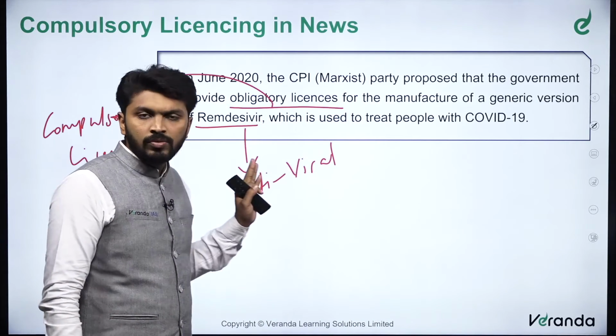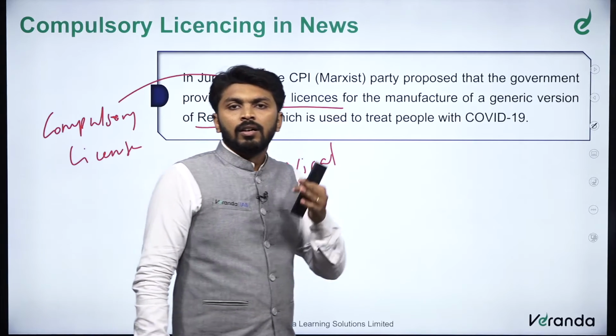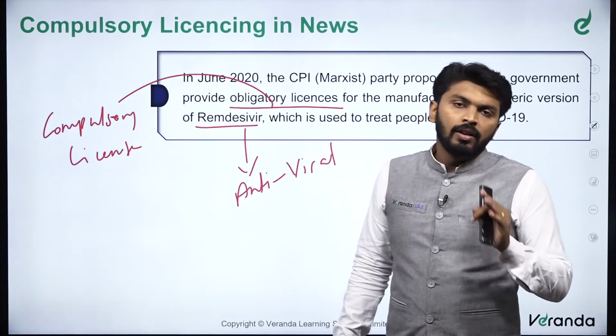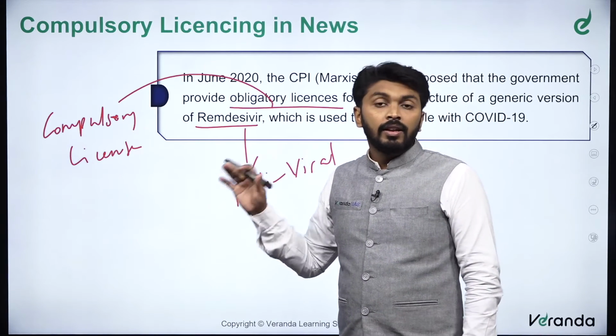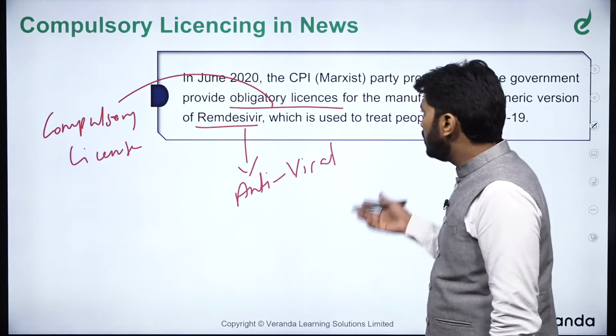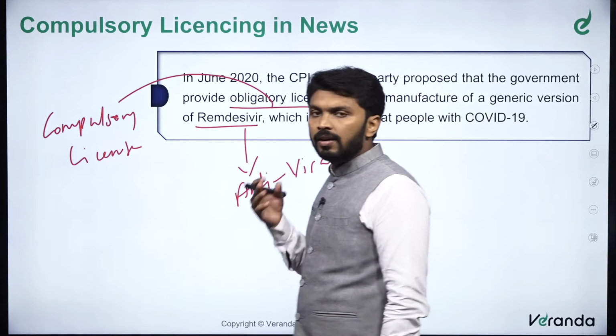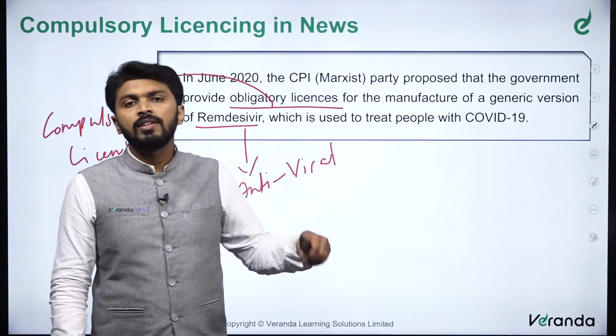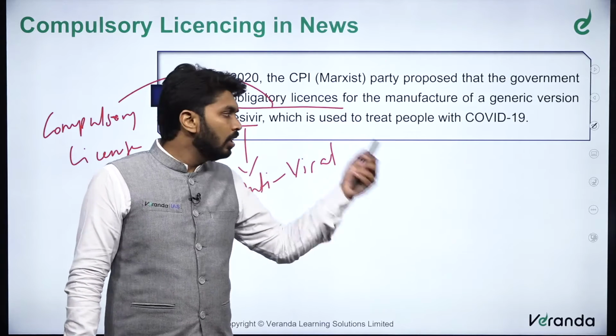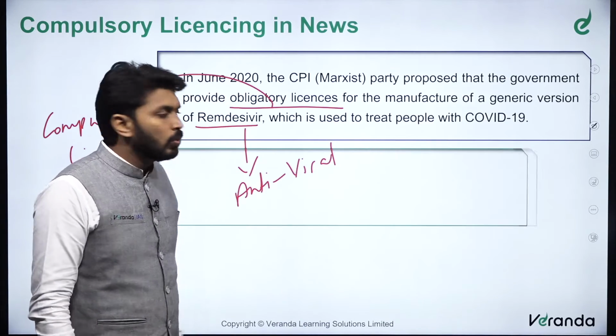Since remdesivir is highly effective in treating COVID-19, it was in great demand across the globe. So the CPI Marxist Party is asking the government of India to issue compulsory licensing to produce generic versions of this remdesivir drug.